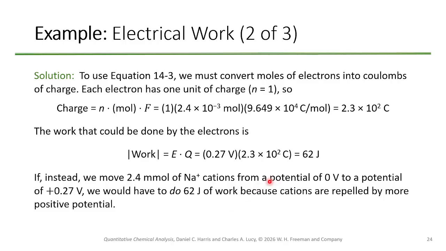Now, if we were to instead move 2.4 millimoles of sodium cations with a potential of 0 to 0.27 volts, that would still be 62 joules of work, right?